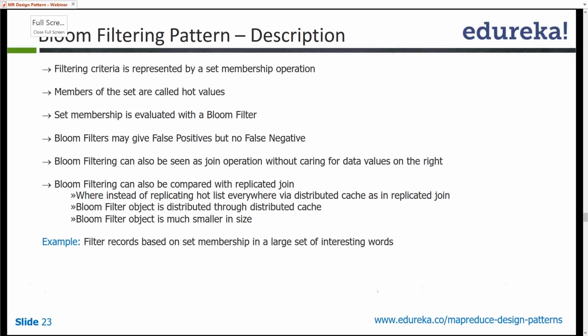If you have false negatives being given out by Bloom filter, you will actually be missing records which should have been filtered in. But if you have false positives, that problem is not there, because what has happened is you wanted to have filtered maybe 50,000 records, and then you end up with maybe 50,500 records, which is fine, because ultimately you are going to test that again down the line in the pipeline with a much costlier resource.